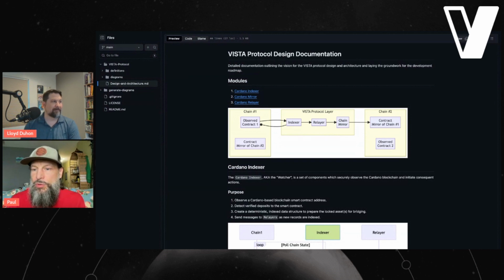So at first, with this milestone, we're looking for a very generalized idea of what an interoperability communication protocol looks like. And then, with our Vista protocol, we're looking first to connect the Cardano main chain with sidechains that are Cardano based.